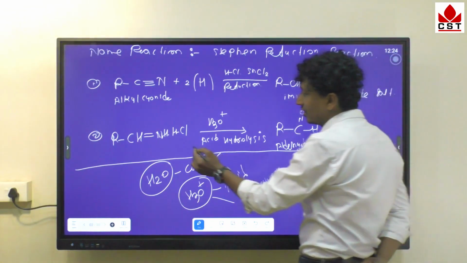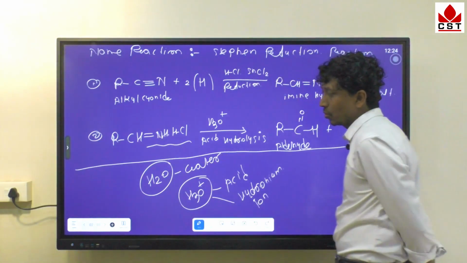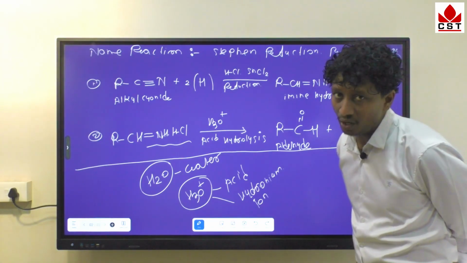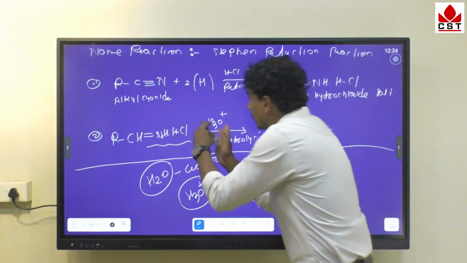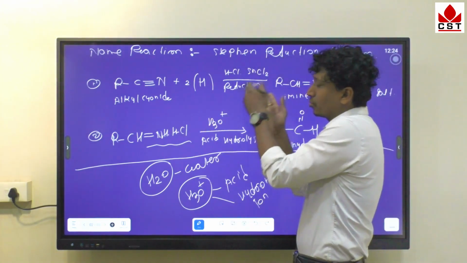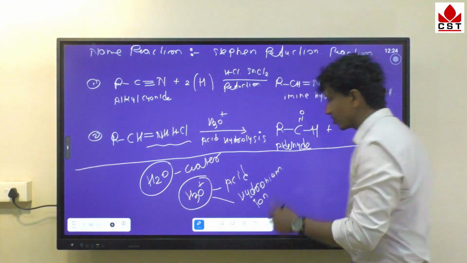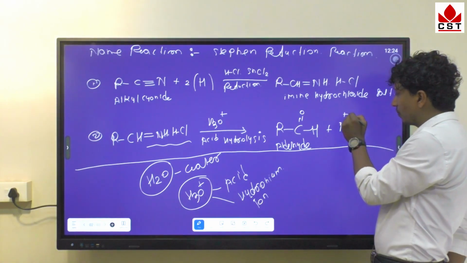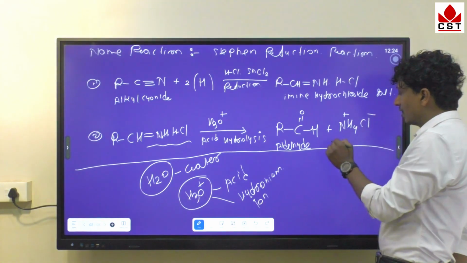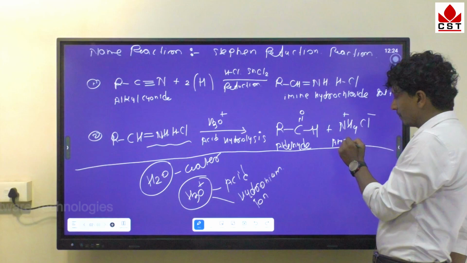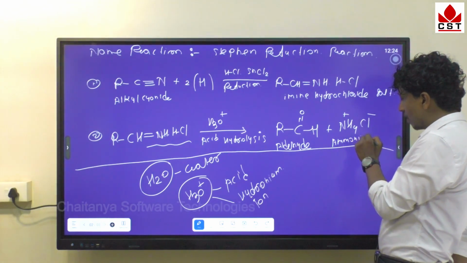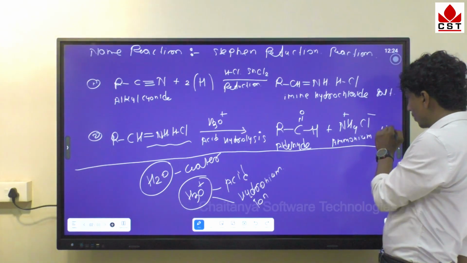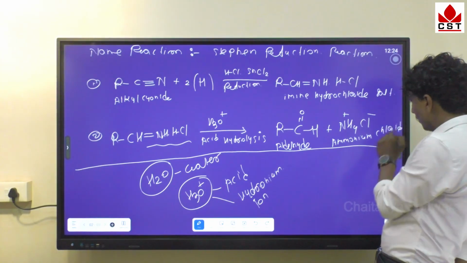The remaining nitrogen and hydrochloric acid form an ammonium salt. Excess hydrogen from H3O plus is provided to the nitrogen, forming NH4 plus and Cl minus, and this salt is called ammonium chloride.